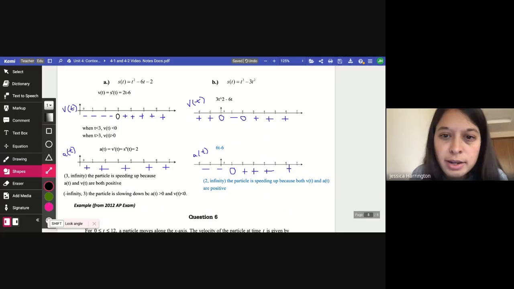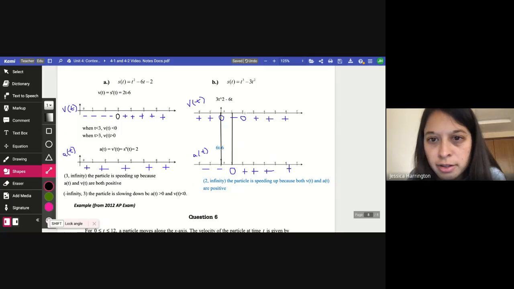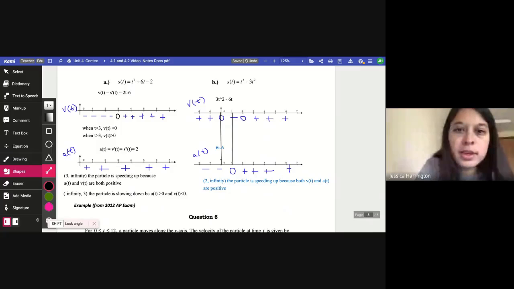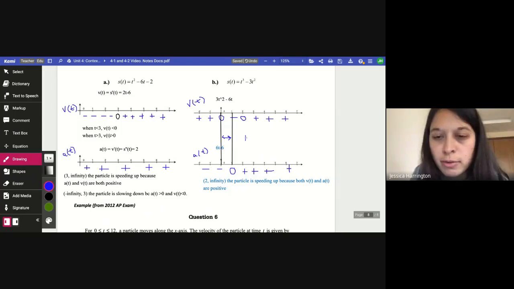They're both negative here to here, right? And then they're both positive from, yeah. So we can see that this little area here, they're both also negative, right? And this area here, from 2 to infinity, they were both positive.